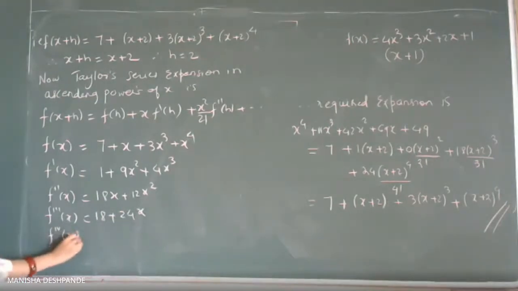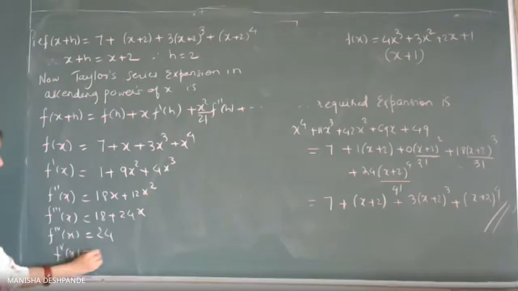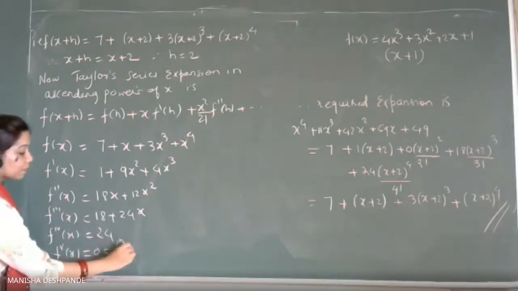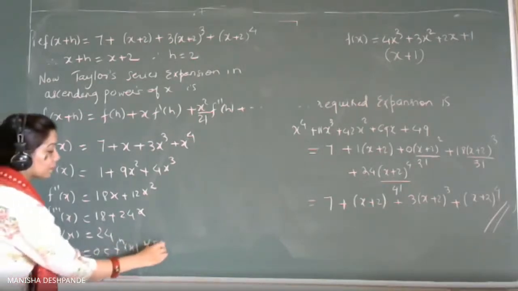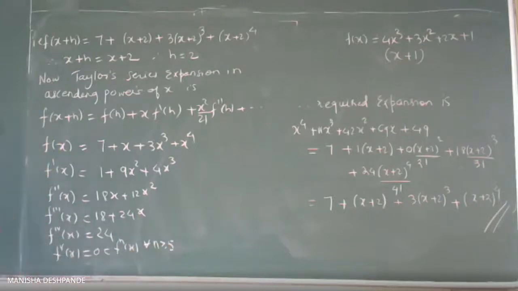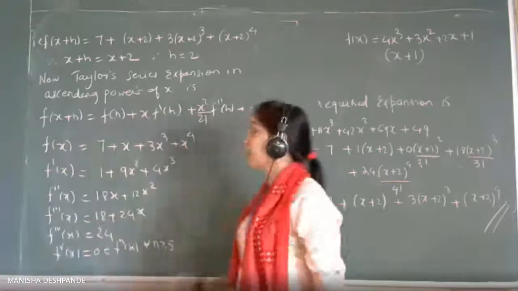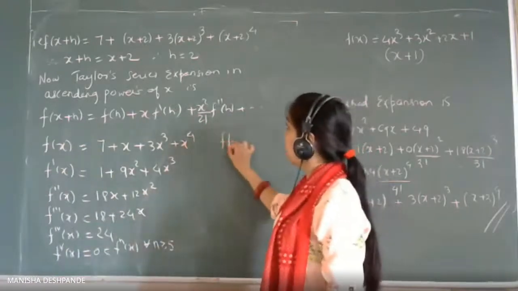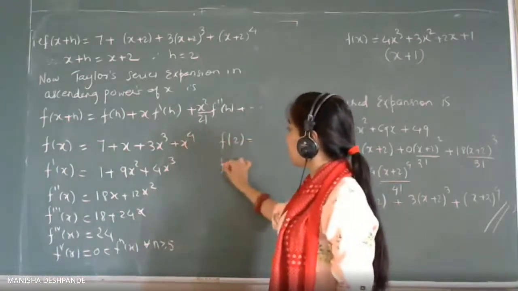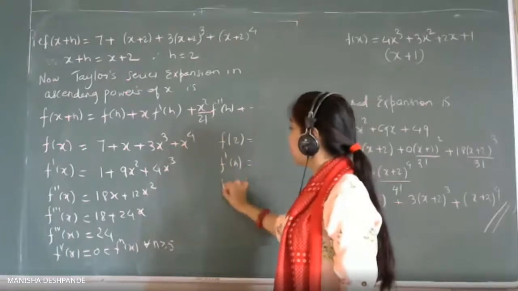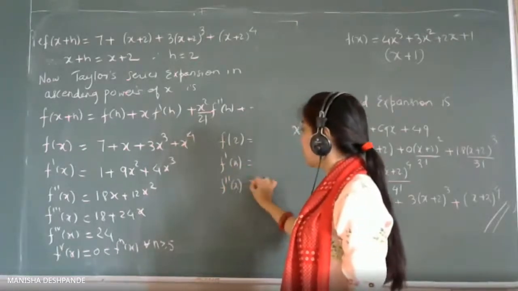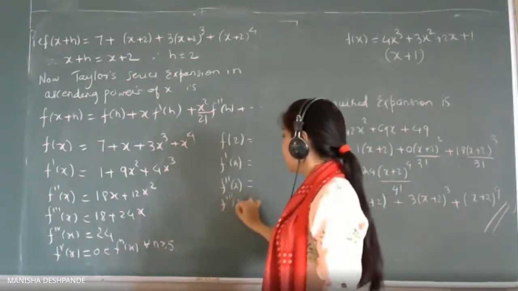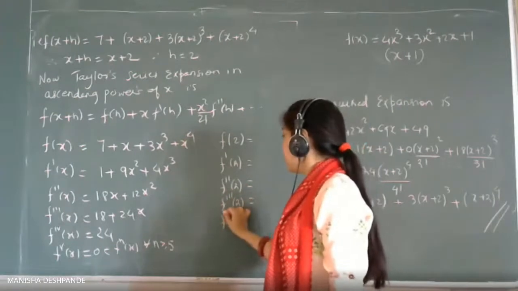Fifth derivative onwards, it will be 0. Now since I want f of h, f dash of h in the answer, I'll write down what is f of 2, f dash of 2, f double dash of 2, f triple dash of 2, fourth derivative of 2, fifth derivative onwards is 0.